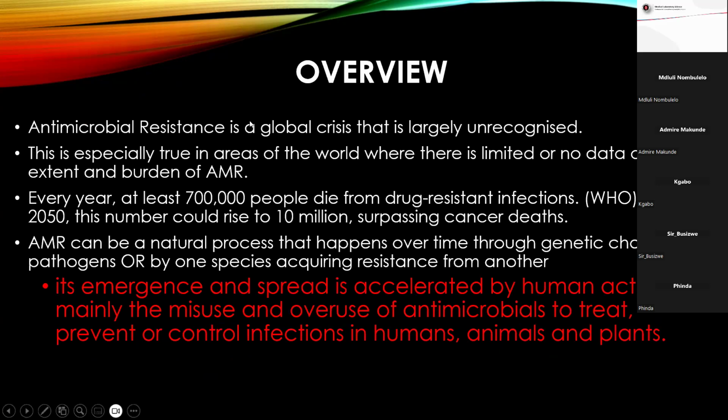So why is AMR a concern, or why is it being talked about more and more? It's a global crisis that is not recognized, but the impact is very severe, and it won't be noticed, especially in areas where there are limited resources or data, where there's no testing, or where there's no follow-up.